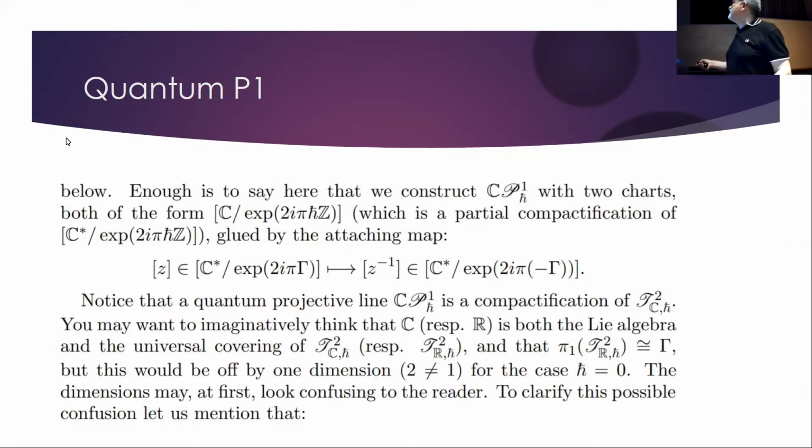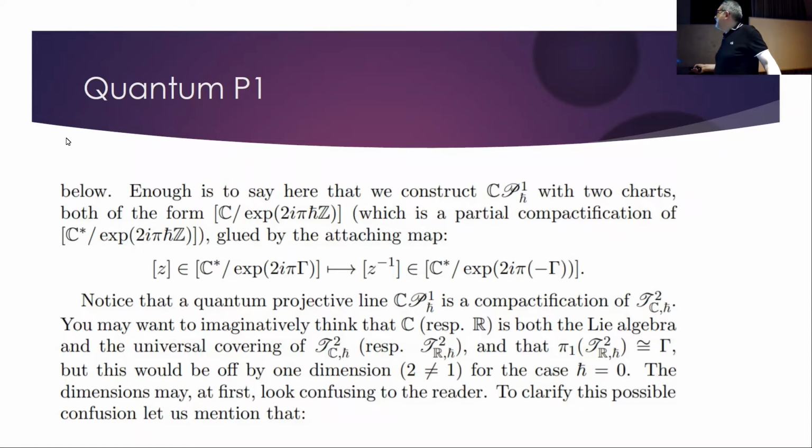Temporarily, let me just say that CP1 has two shards. This shard, and H is irrational for the moment. So I take X to the 2 pi i gamma and divide C star by that. Of course, these actions are, the quotient is non-Hausdorff as a topological space, but it makes sense as a stack.